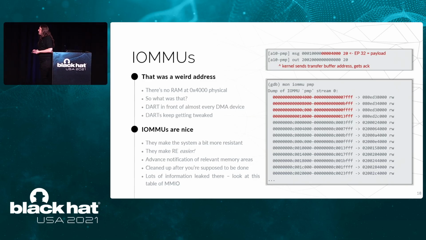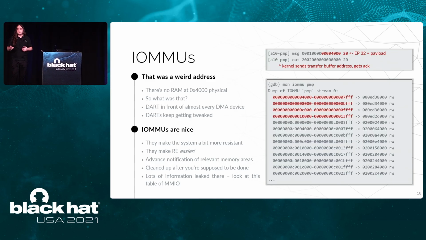But if you can dump the page table from the IOMMU, it basically tells you exactly where you should be writing or reading from. It gives you a complete map of the virtual space. This one even tells you what other MMIO the coprocessor is likely to access. Addresses that start with 08 are physical memory on Apple platforms. Addresses that start with 02 are MMIO.